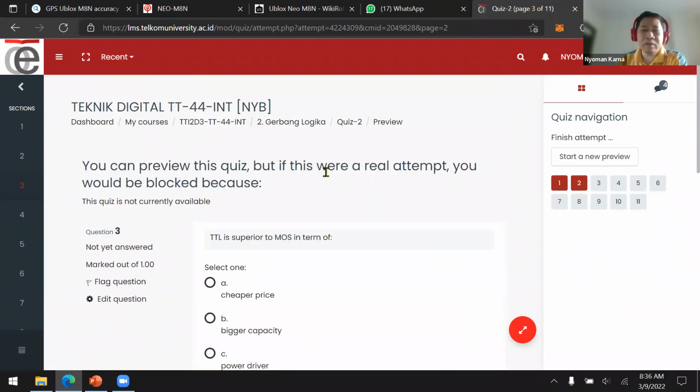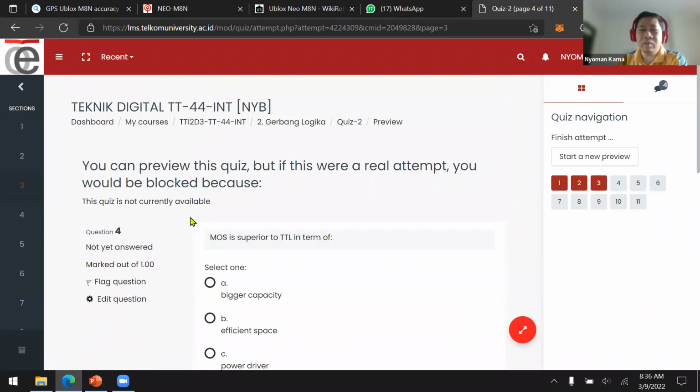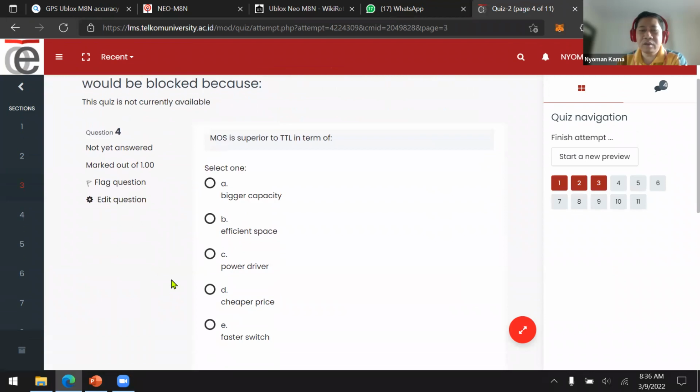TTL is superior to MOS in terms of its power drive. It can give much more power compared to the MOSFET. However, MOS is superior in terms of faster switching. What's the meaning of faster switching?